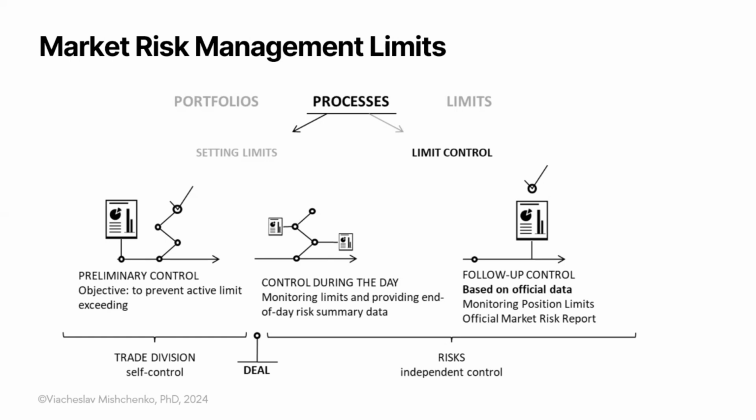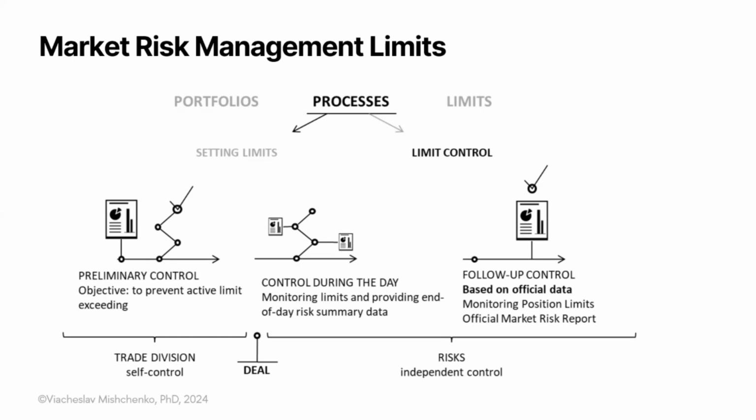So let's talk about the processes that bring our risk management to life, with real-life examples. If you are a risk manager, it's your day-to-day activity that ensures that everything is operating within your risk management framework properly.